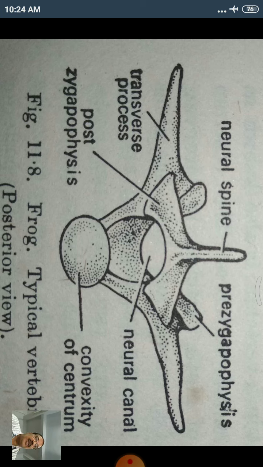So a typical vertebra consists of mainly neural spine, neural canal, convexity of centrum, prezygapophysis, postzygapophysis, and a transverse process.